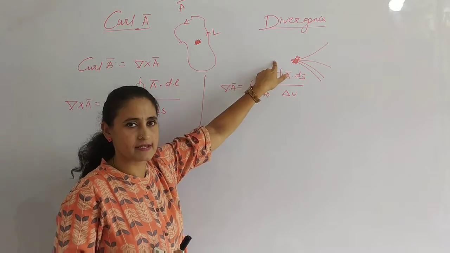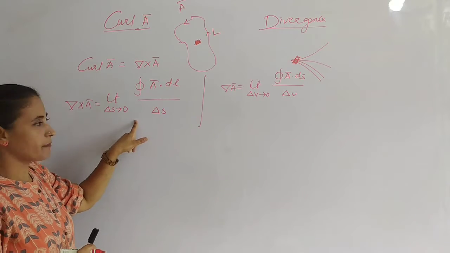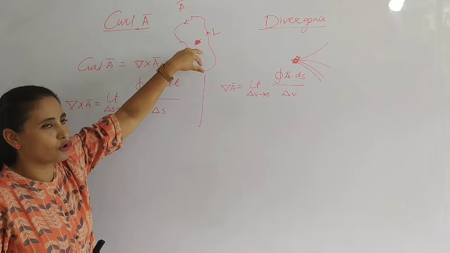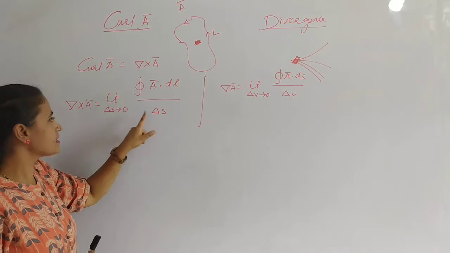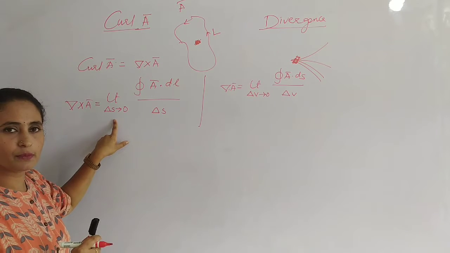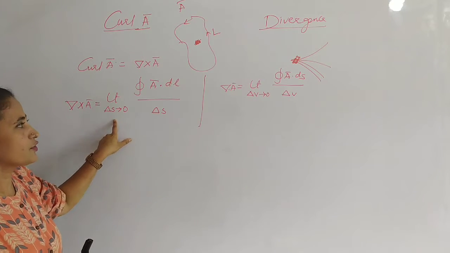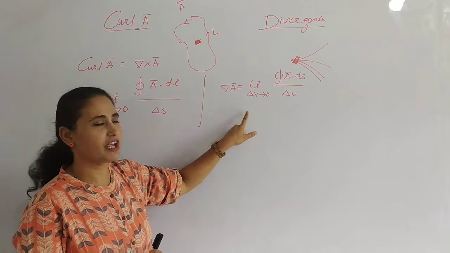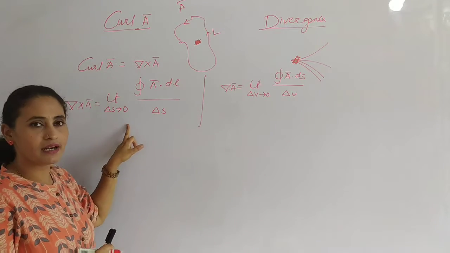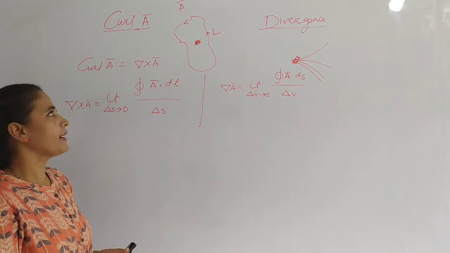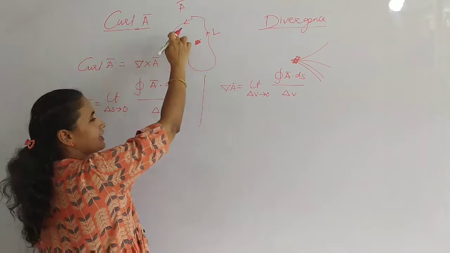This is the divergence. What is a curl now? Maximum circulation of a path or the closed loop of the vector field per unit surface, as this unit surface approaches 0, which means it acts as a point. So you can observe the similarity between the curl and the divergence. The curl is nothing but the maximum circulation of a vector field.